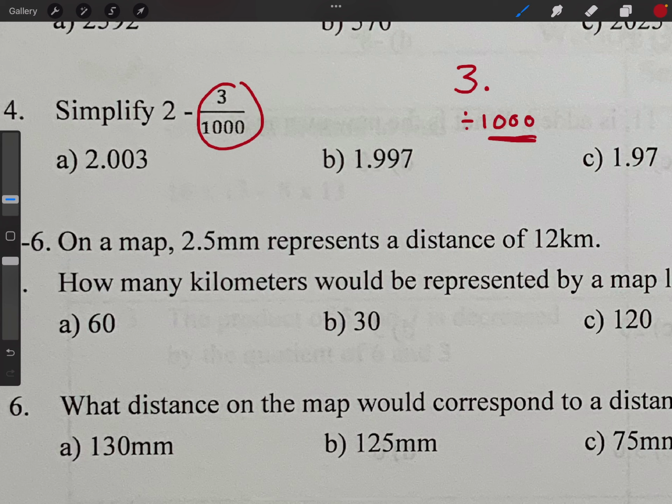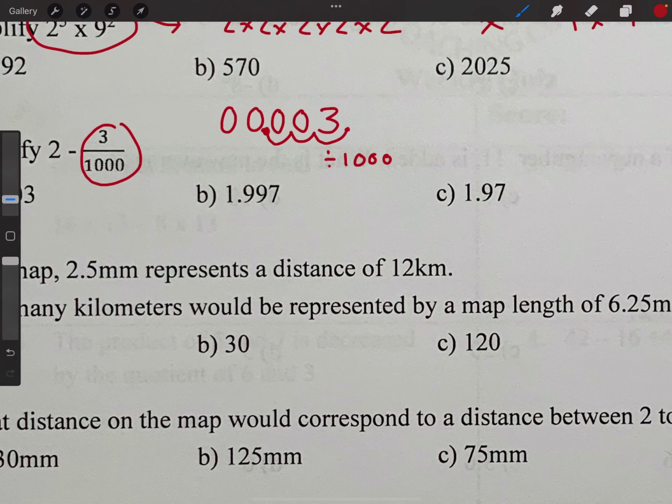So which means that when we divide, we move the decimal place to the left 3 times, okay? So let's put in some zeros before the 3 to see where the decimal place will land. It's going to move it back 3 times, so 1, 2, 3. So when 3 over 1,000 is changed to a decimal, you're going to get 0.003.